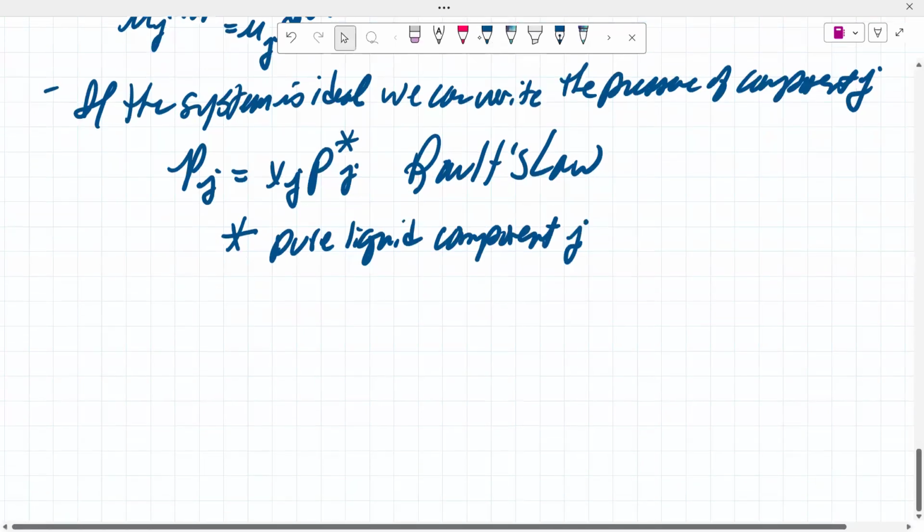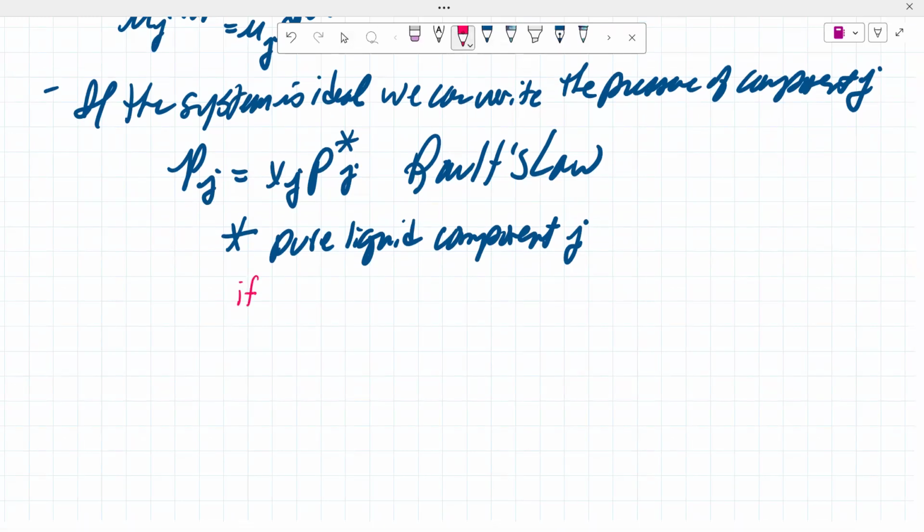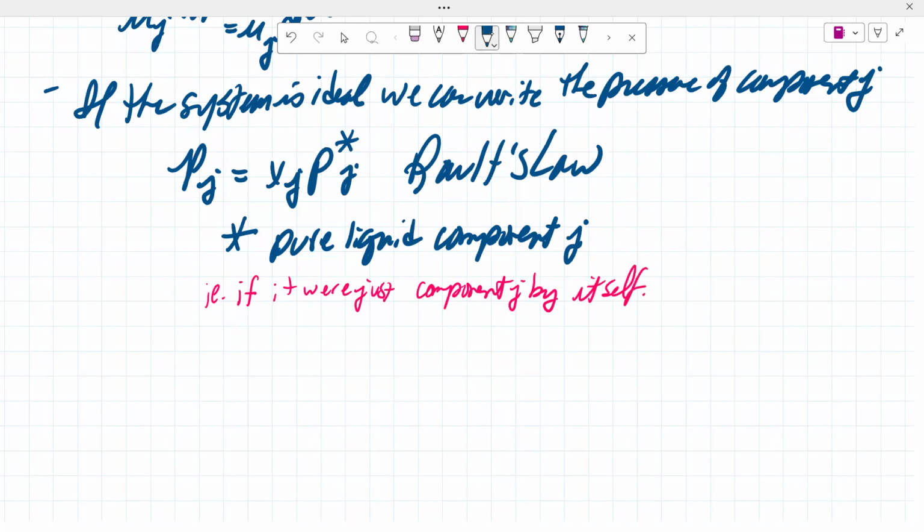So yeah, let's just be clear what exactly that means, because that was also not totally obvious. For example, if it were just component J. So, in other words, we're assuming additivity here.